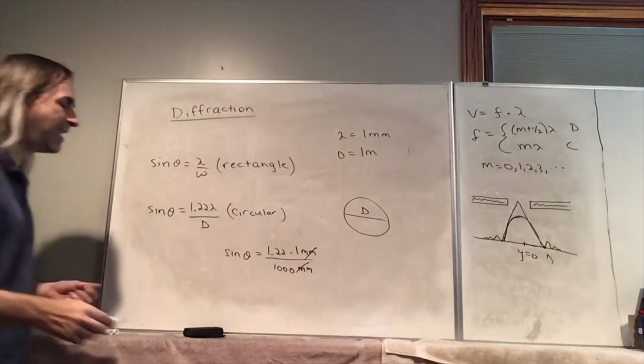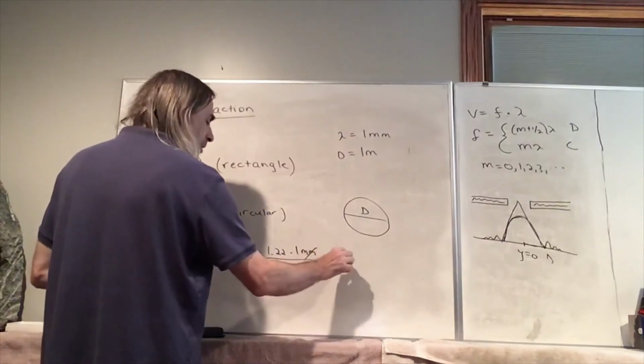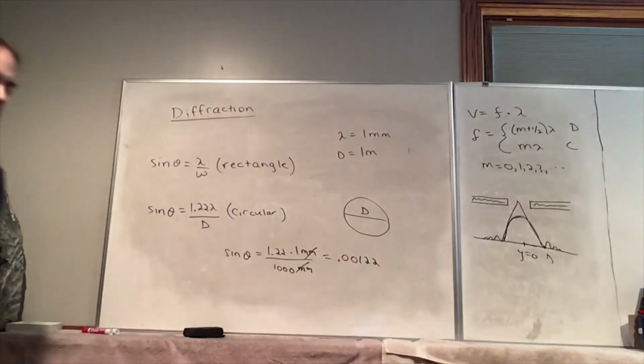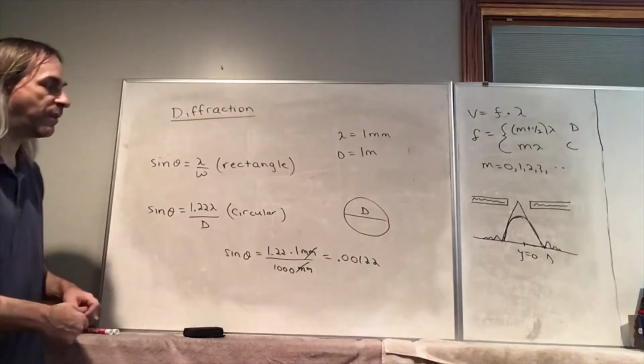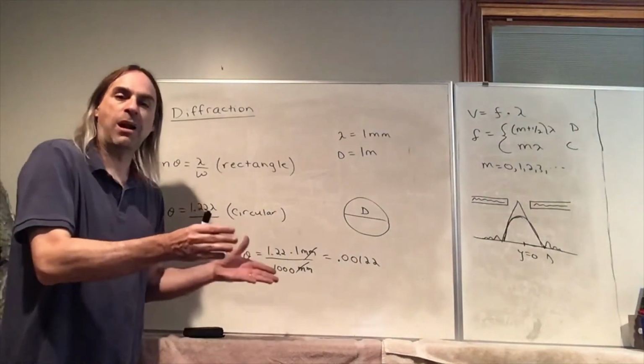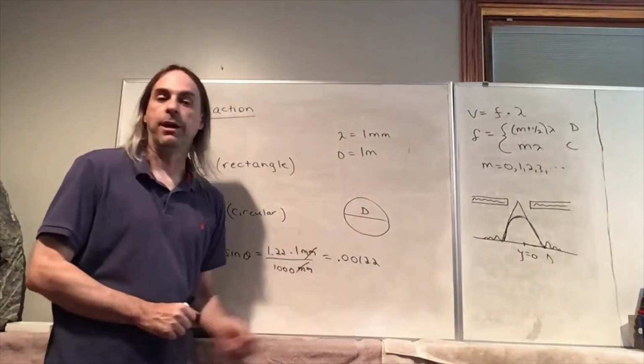So sine of theta is about 0.00122, which means theta is going to be around 0. We're not going to really get much diffraction. The sound is not going to spread out too much if it's going through this large opening.